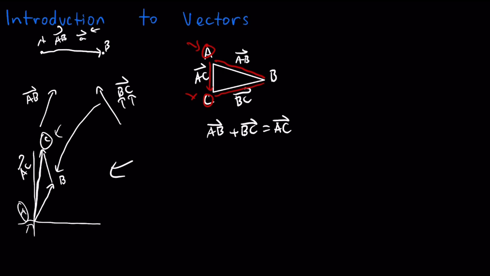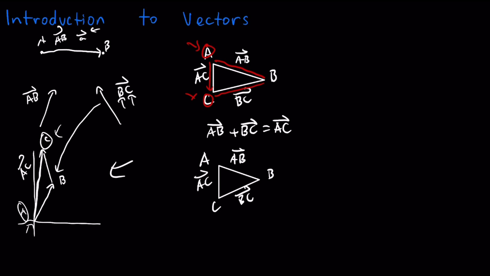Now, what if we wanted to look at the subtraction of vectors? Well, similarly, let's say we were to have 3 points that together form a triangle. And this would be AB, BC, and this would be AC once again.